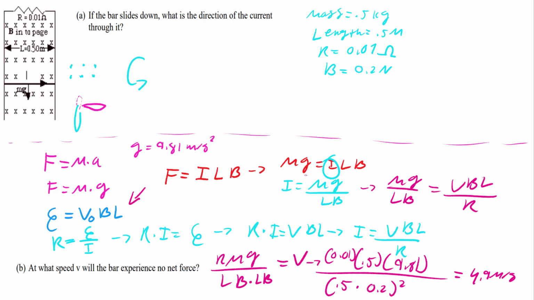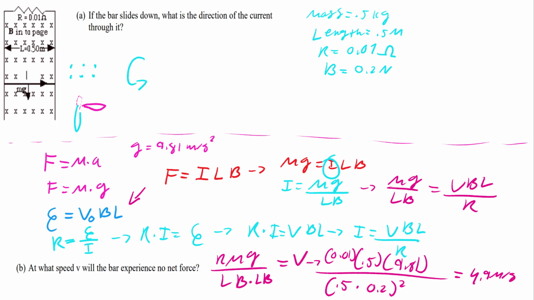And because we have two I's, we can set them equal to each other. So mg divided by LB is equal to VBL divided by R. And because we set them equal to each other, we can solve for the unknown, which is velocity. And so you really have to use 4 equations to solve this problem. Not fun, not good, but now if it's on the exam, you know how to solve for it, you're going to do amazing.